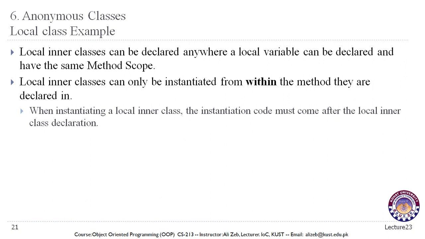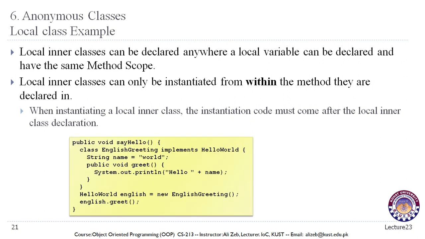When instantiating a local inner class, the instantiation code must come after the local inner class declaration. So we should only create an object of the local inner class once we have declared it.